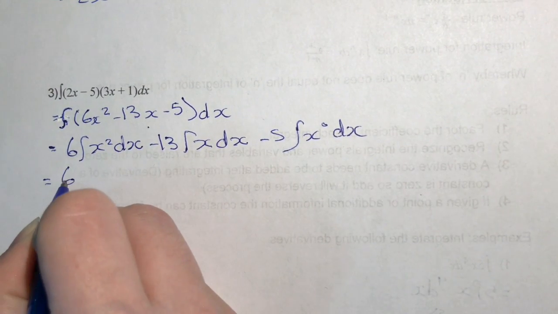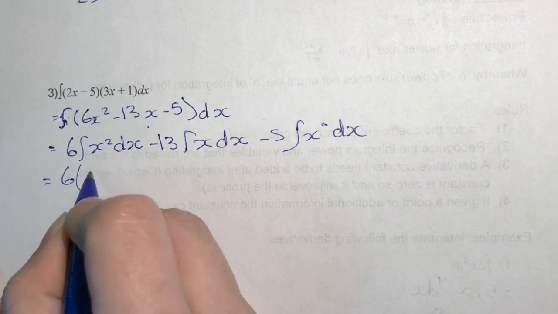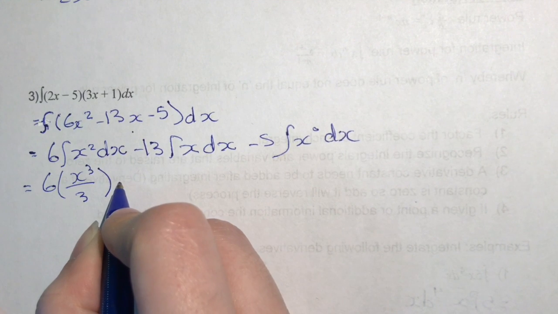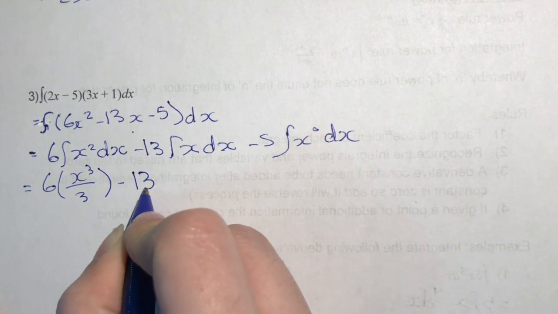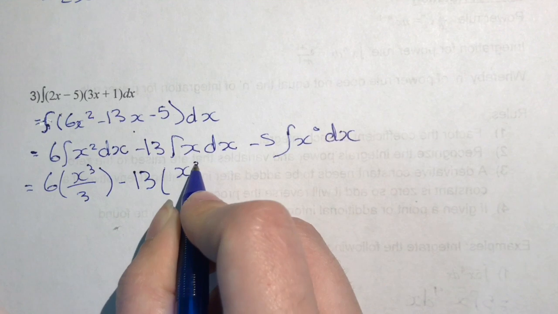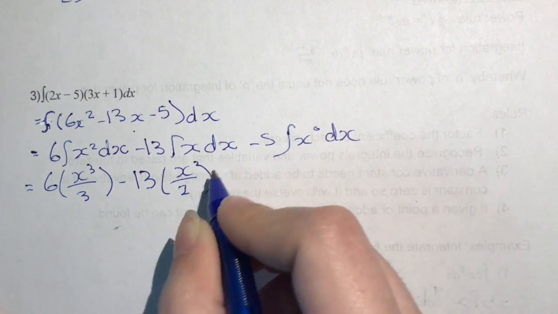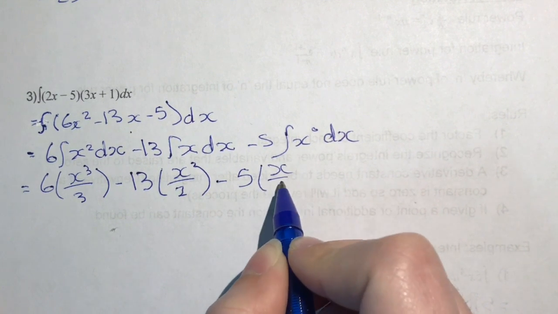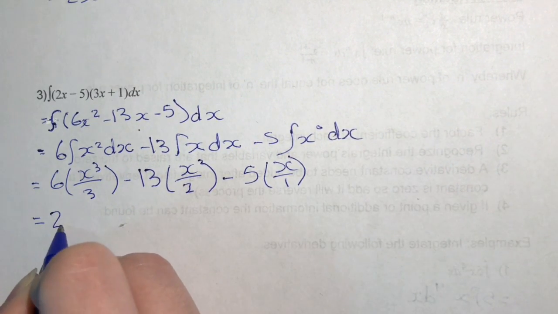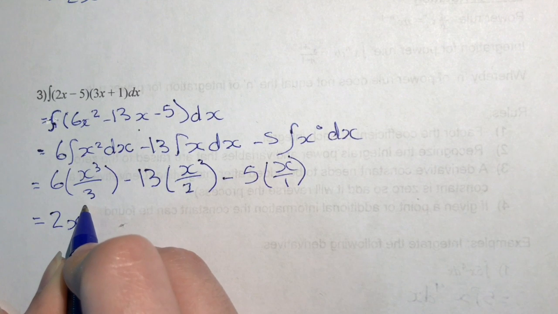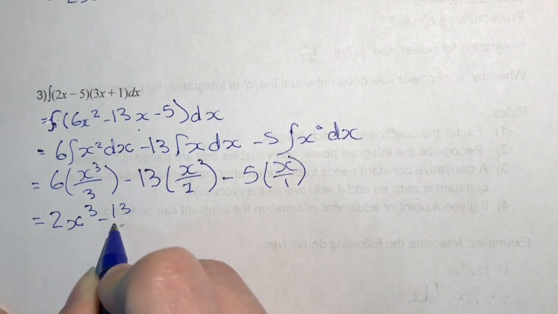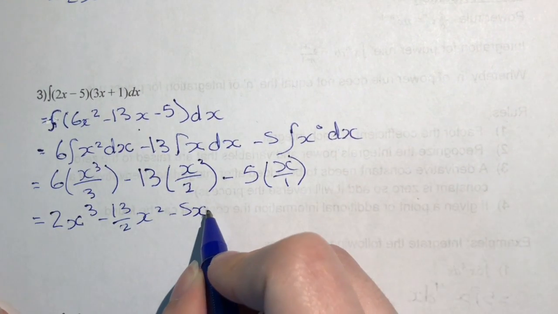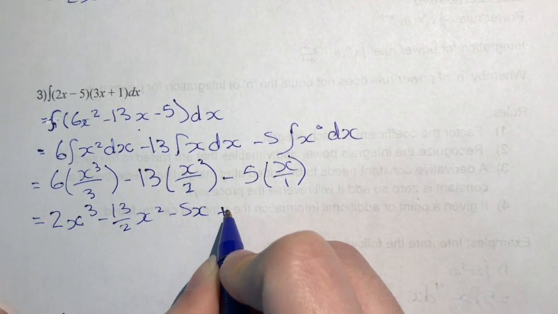Then we find that 6 plus 1 is x to the 3 over 3 minus 13 of x to the 2 over 2 minus 5x over 1. And then after some simplification, we get 2x cubed minus 13 over 2 x squared minus 5x. And then we are adding the c.